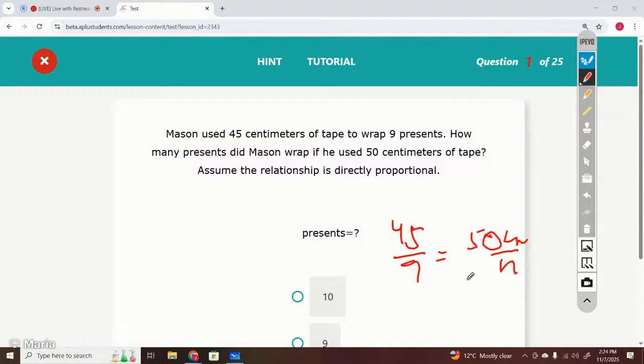That is n equals 50 times 9 divided by 45. 9 times 5 is 45, 5 times 10 is 50. The correct option is 10. Option number 1 is 10.